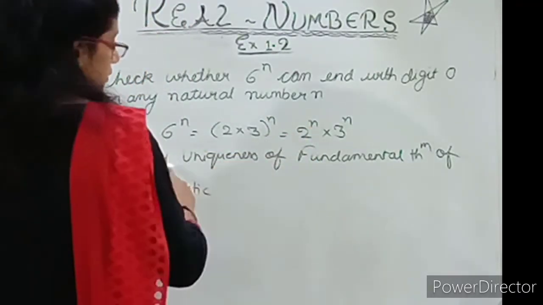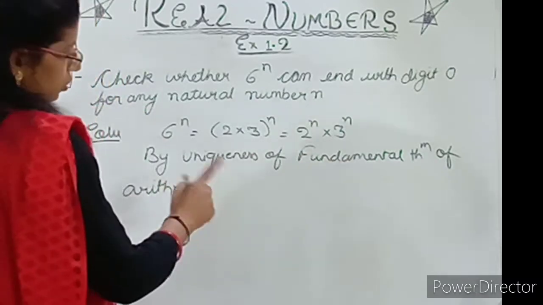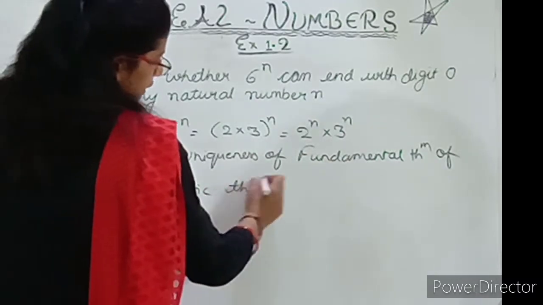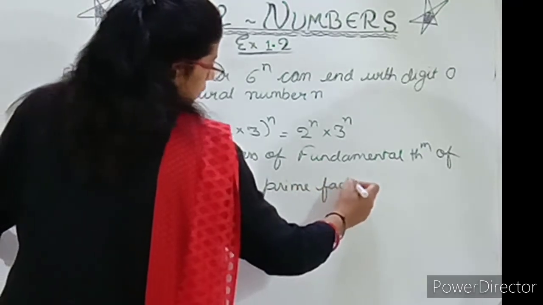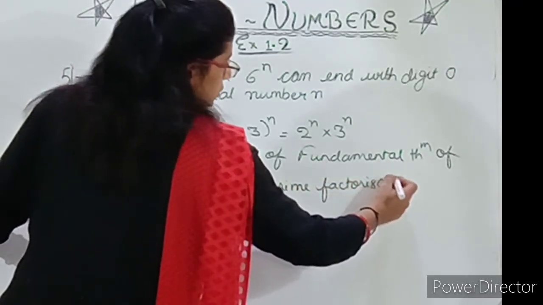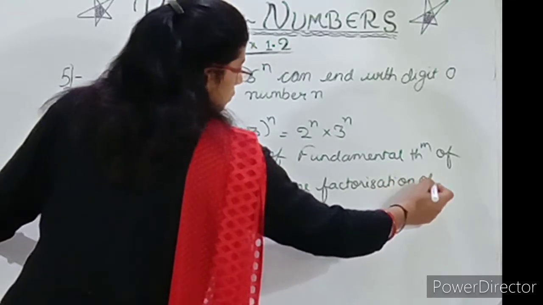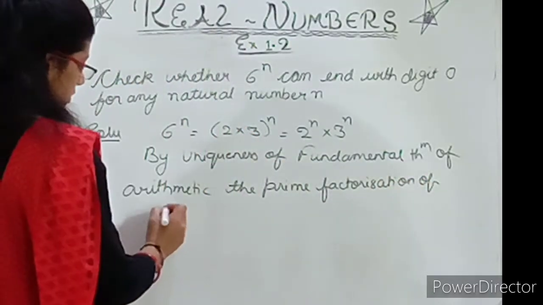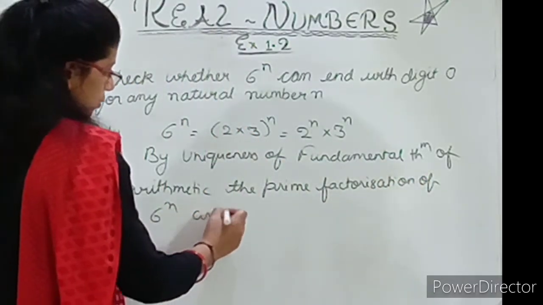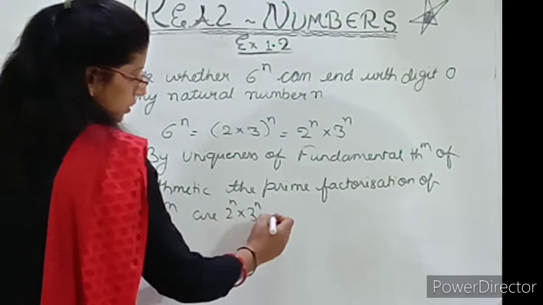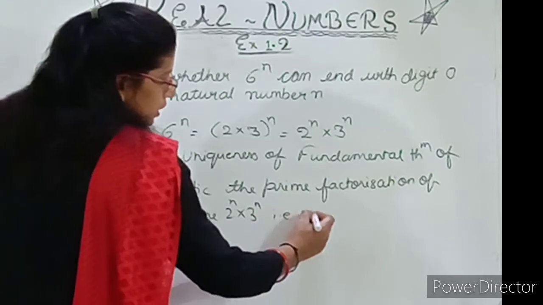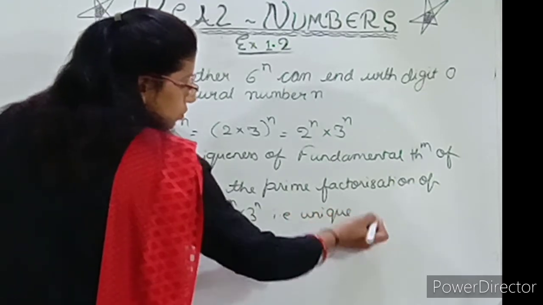By the uniqueness of the fundamental theorem of arithmetic, the prime factorization of 6 raised to the power n is 2 raised to the power n into 3 raised to the power n, that is unique. ठीक है, तो ये यूनिक होंगे.